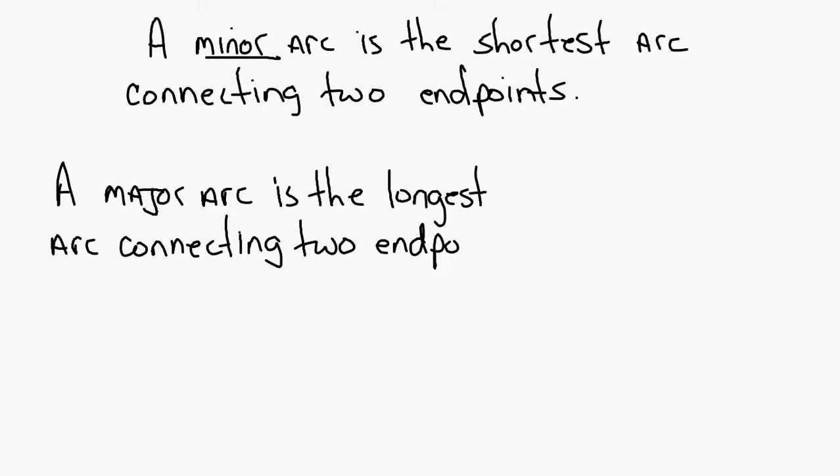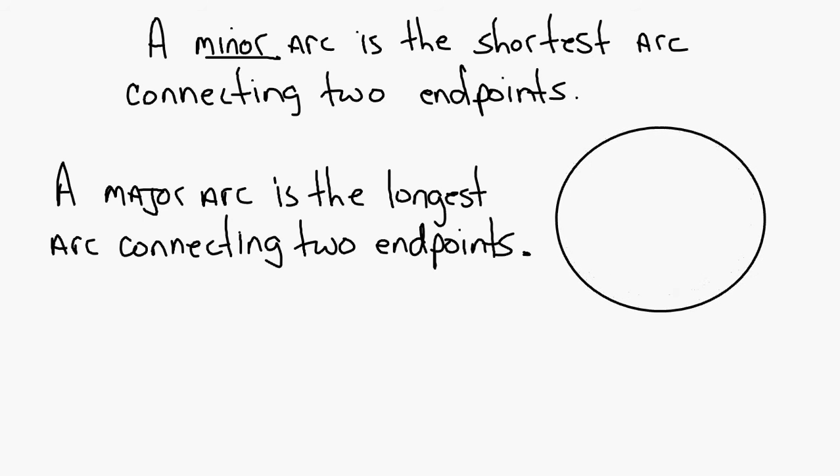All right, so in a circle, you've got a couple of arcs. In this case, you have an endpoint right here at point X, and you've got another endpoint at point Y. Minor arc, shortest arc connecting two points.